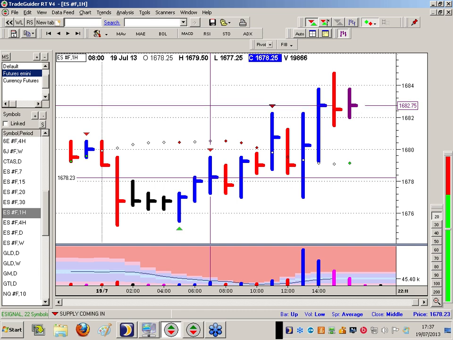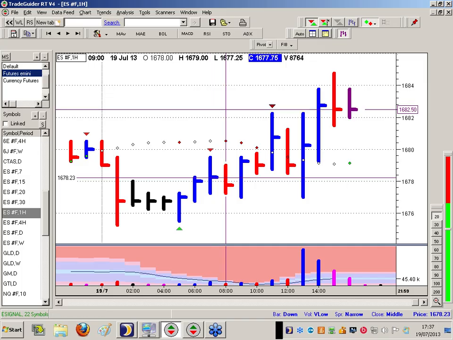Okay, so it got a little sign of weakness, no demand on that bar. That's all right. Okay, so it's down, look, volume's low. I can't see it very well, but it must be low. Every time you get a red down bar, it's low. Little bit of hesitation here.